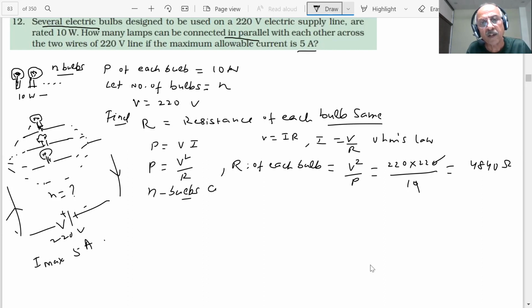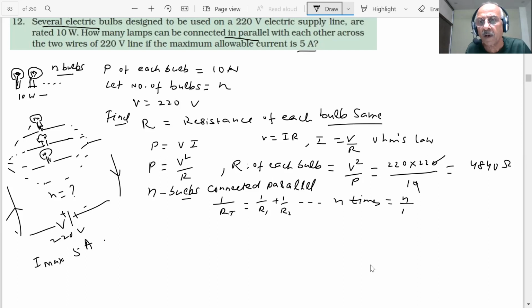they are connected in parallel. What will be the total resistance? Effective resistance RT: 1 by R1 plus 1 by R2, n times. That means n by R1.